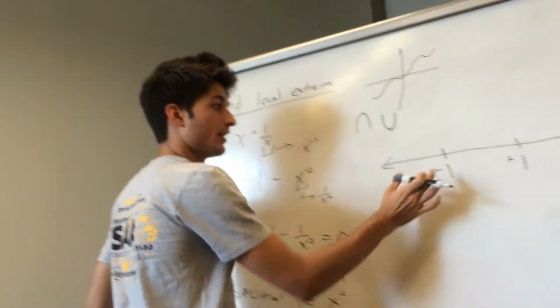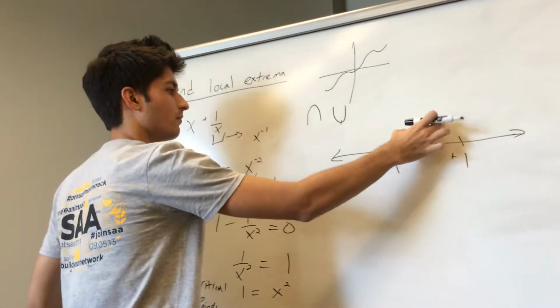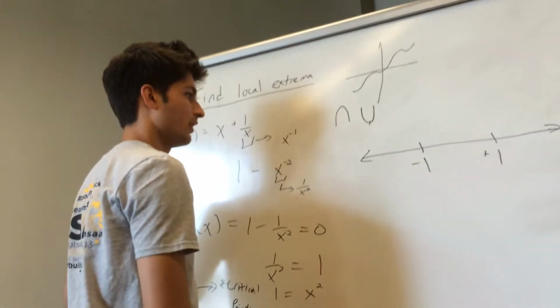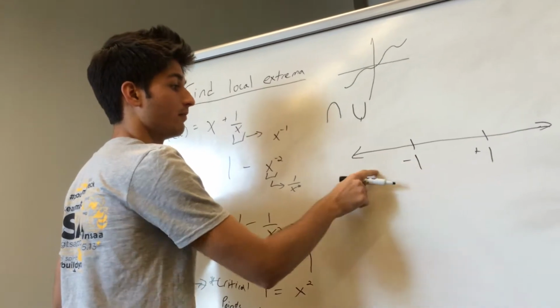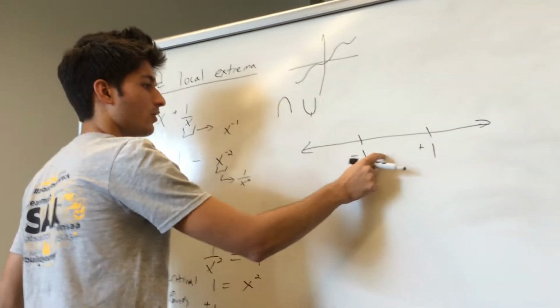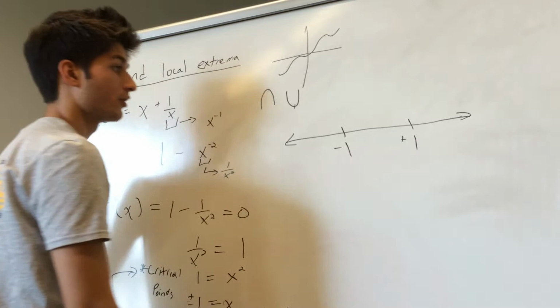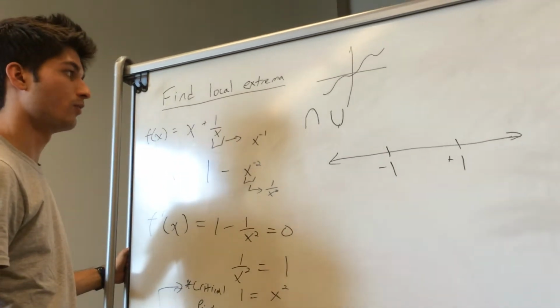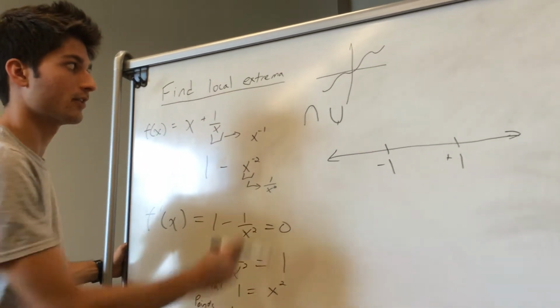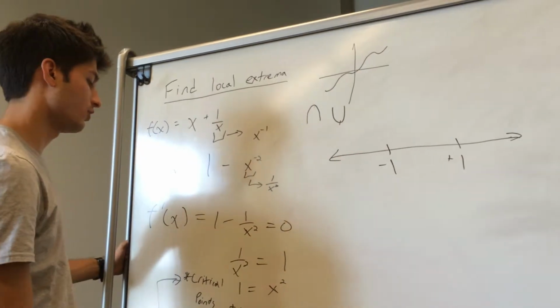To test these intervals, we need to plug in values lower than negative 1, between negative 1 and 1, and larger than 1, to see whether the sign of the slope is positive or negative, because we want to see where it changes and what it changes to.